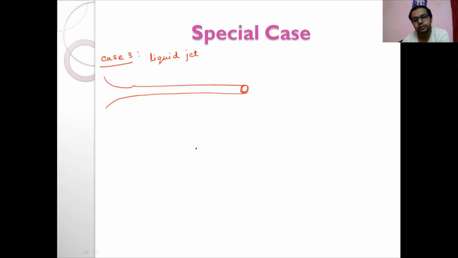For this kind of jet, our equilibrium equation is delta P equal to sigma into 1 by R1 plus 1 by R2. One thing: if you remember this, you can get all cases, any kind of solution.